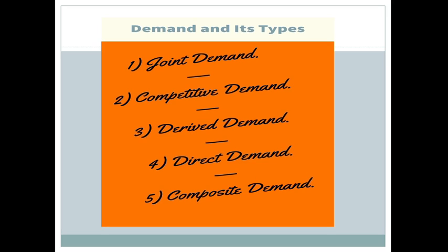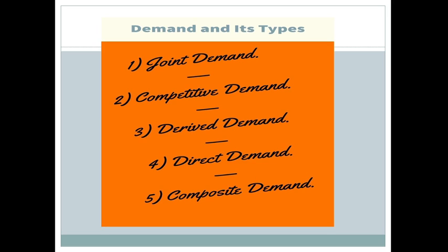The next is direct demand and derived demand. Here, the demand for the final product or the ultimate object is called direct demand, whereas there is a derived demand for one commodity or service when it is wanted as the result of the demand for another commodity or service.